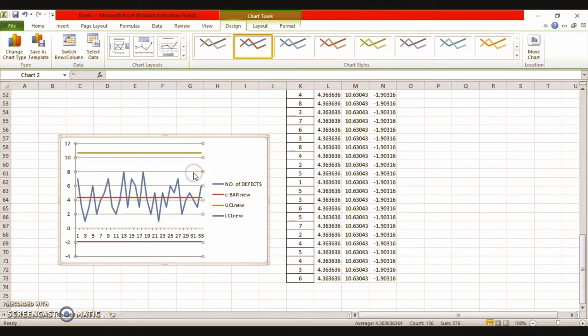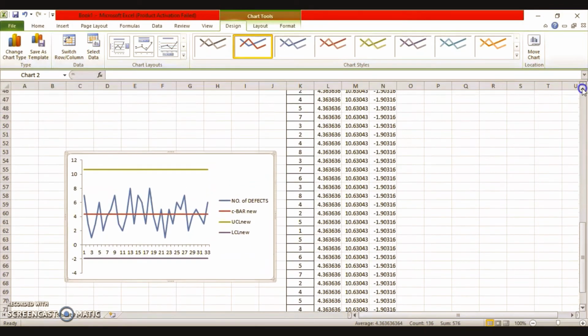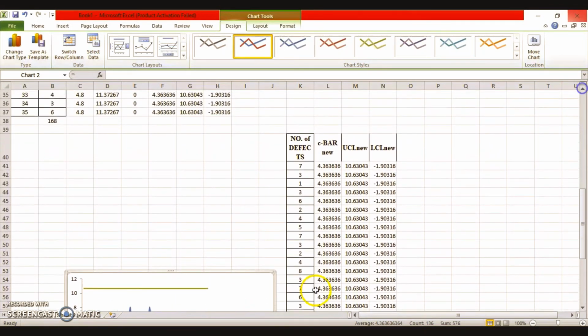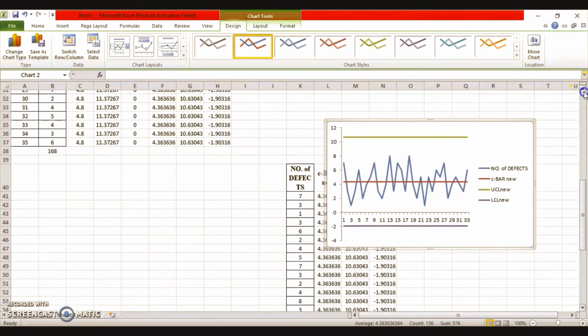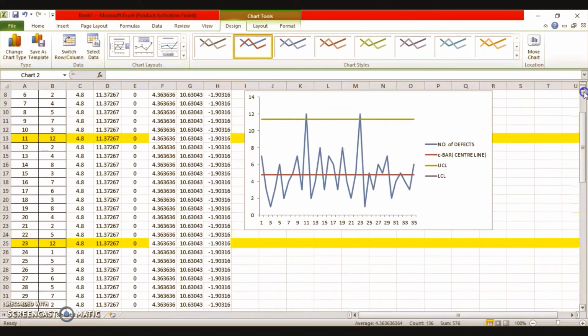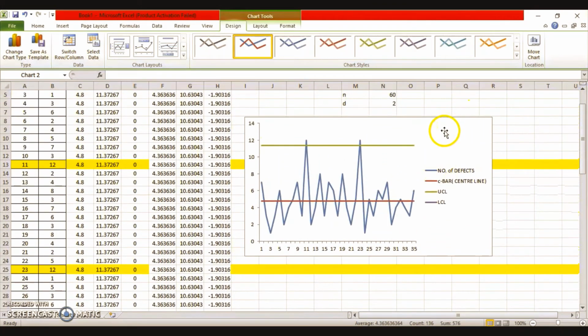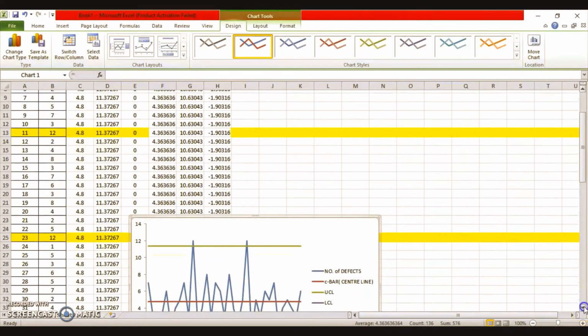So now you can see from this line graph, I'll just remove the grid lines for a better view, or if you want, I can drag this line graph here and you can have a clear comparison between the two graphs. We can take it down here. Okay.